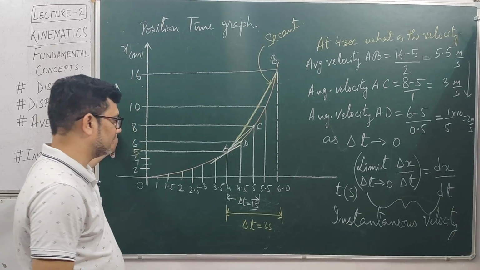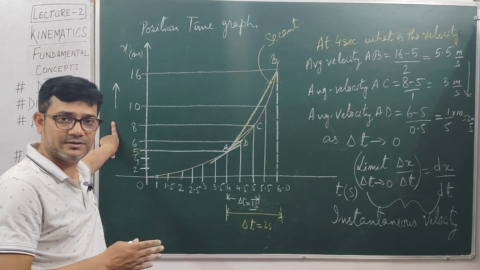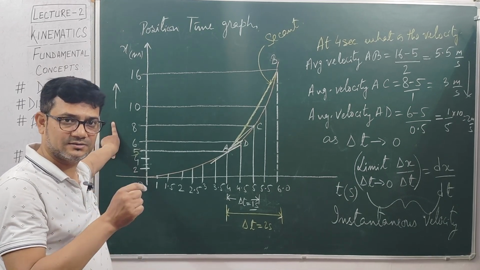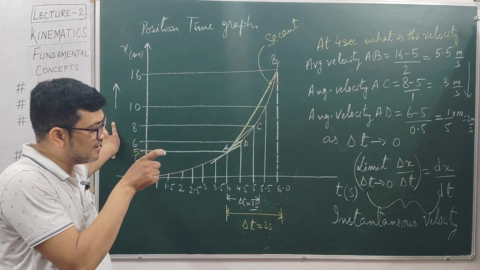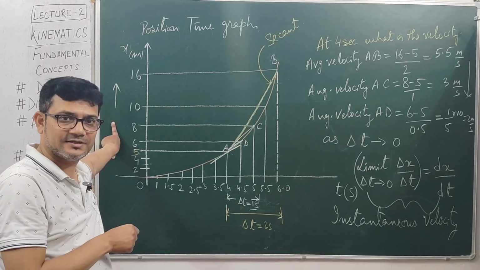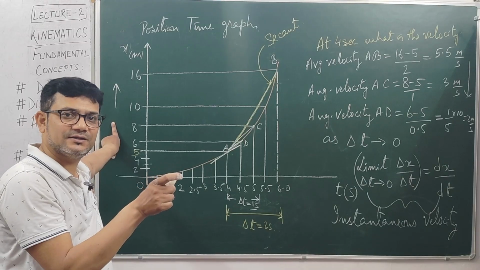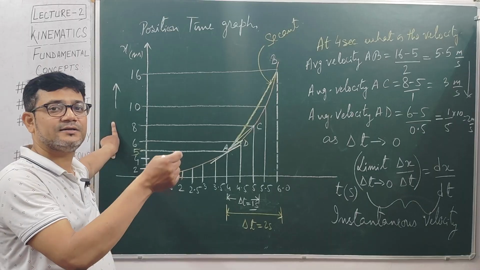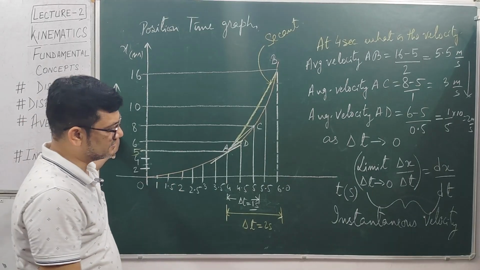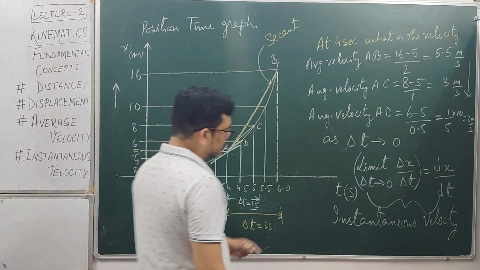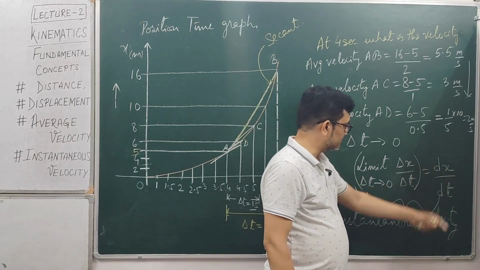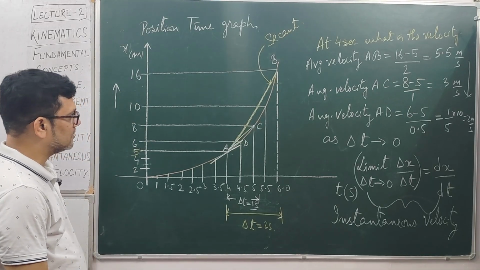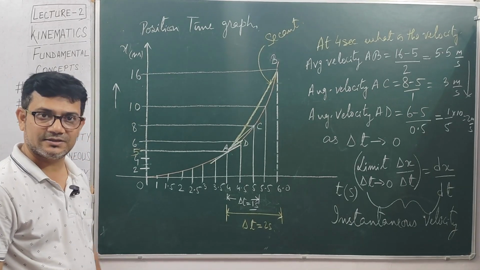We can define that the instantaneous velocity of a body or of an object is the velocity at an instant, when the limit of the average velocity is taken as the time interval becomes infinitesimally small. Mathematically, this is how we write it: dx over dt.